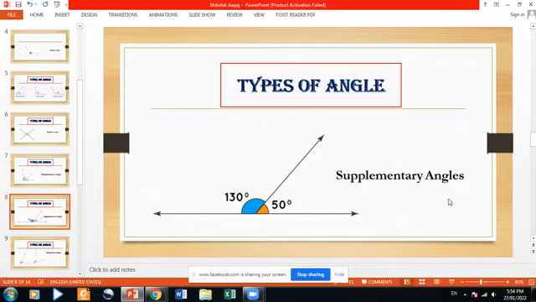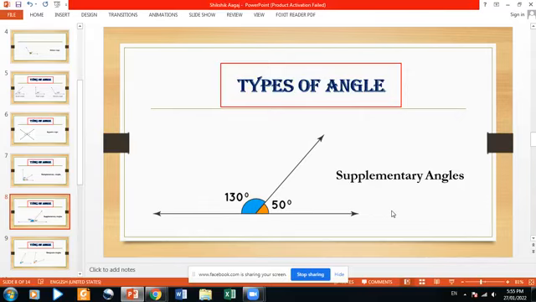If the sum of the measurement of given angles is 180 degrees, such types of angles are known as supplementary angles. See, if one angle is 140 degrees, what will be the pair of its supplementary angle?